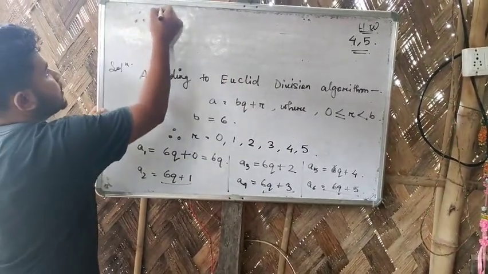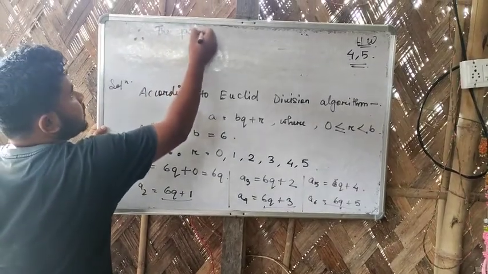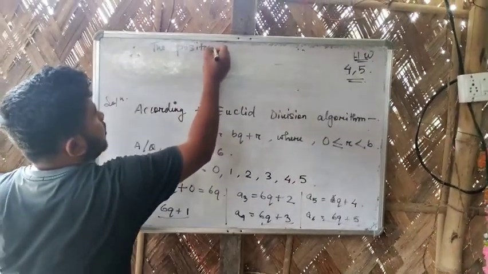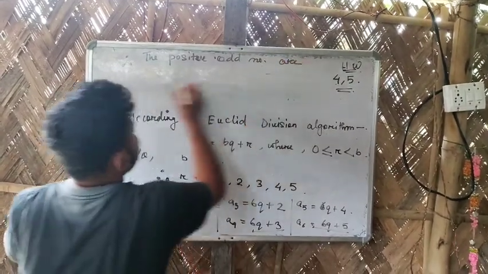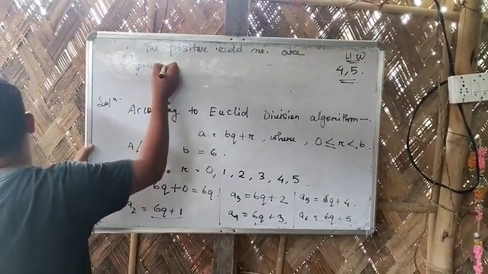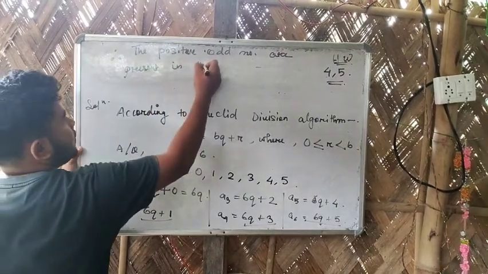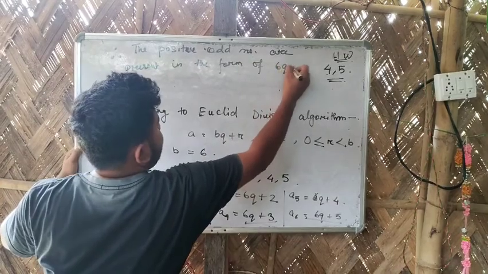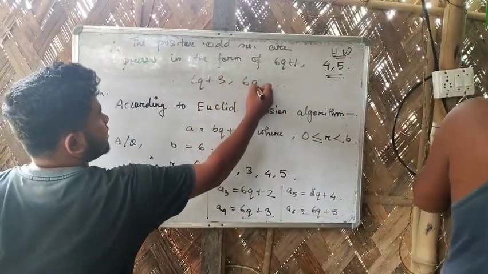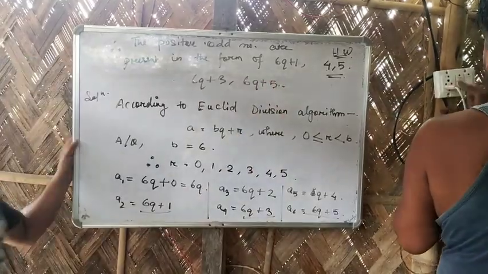Therefore, the positive odd numbers are present in the form of 6q + 1, 6q + 3 and 6q + 5. Thank you everyone.